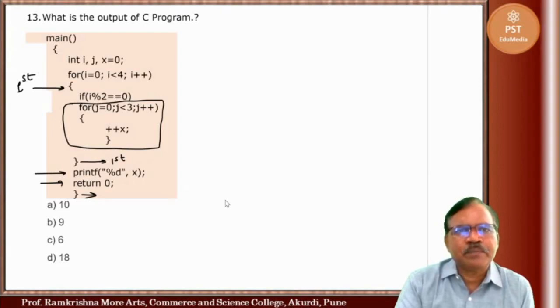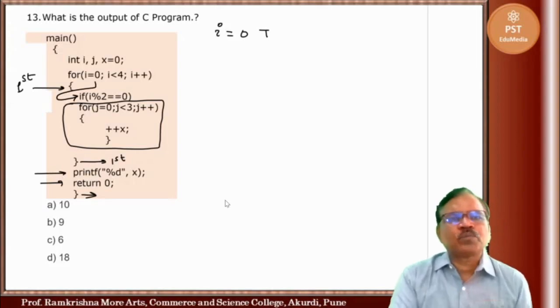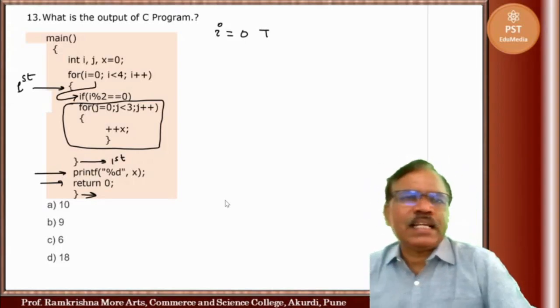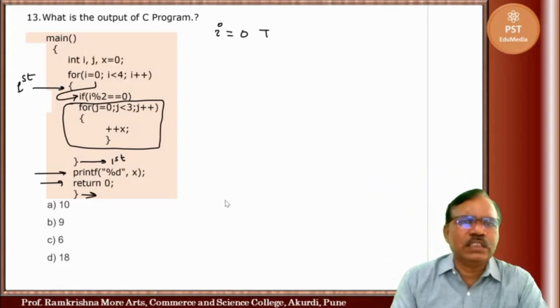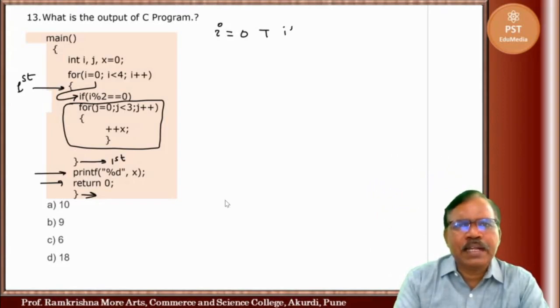So see here, i equal to 0, i less than 4, true. So it goes here. If i%2 equal 0, so the if condition is also true, so it goes to the for loop.